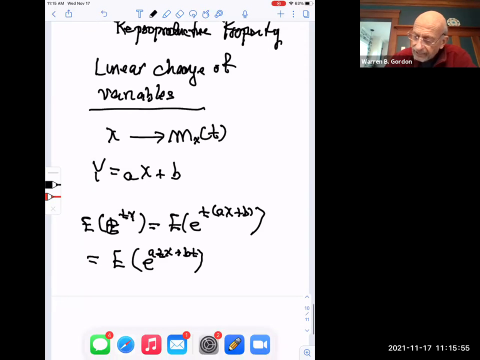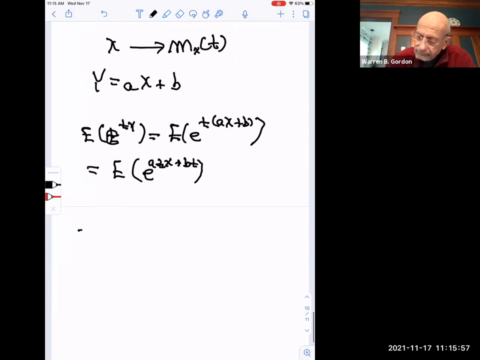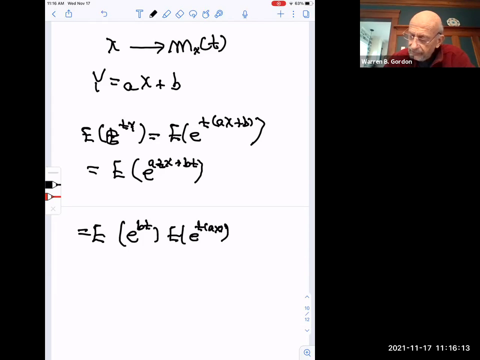I can rewrite this as e to the bt times e to the t a x. I'm just rewriting this now. This is a constant, so this is e to the bt.